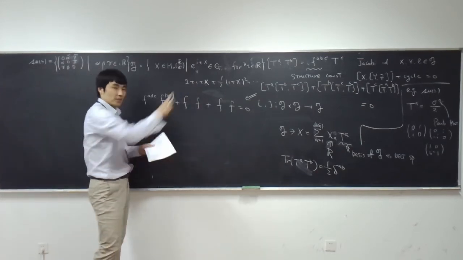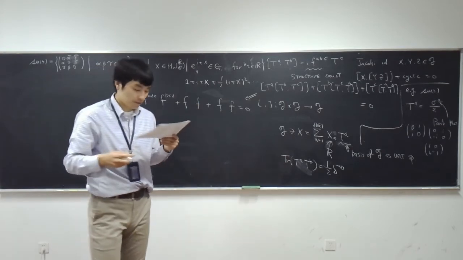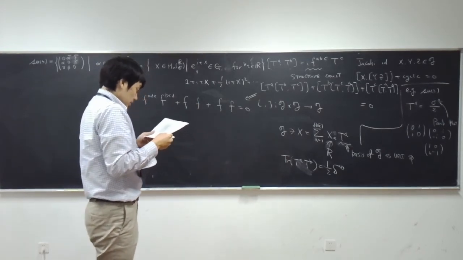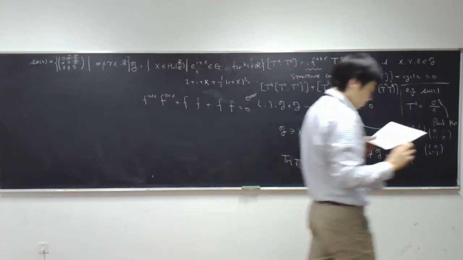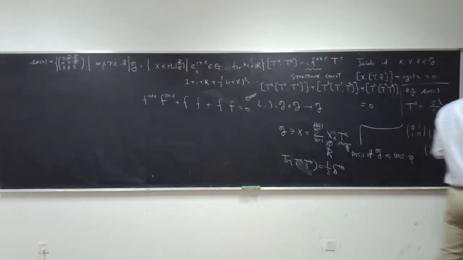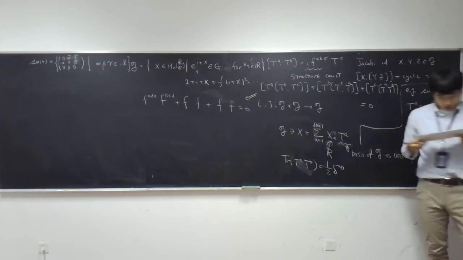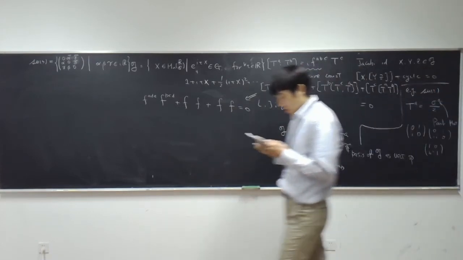I'm not going to fill it out, so you can fill it out by yourself. So that's the rewriting of the Jacobi identity in terms of the structure constants.